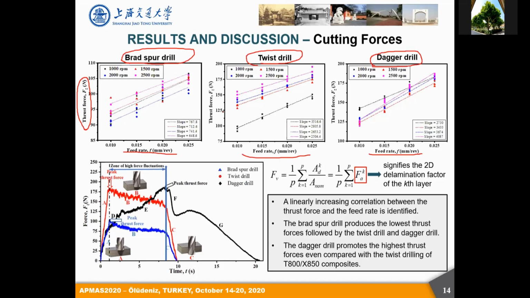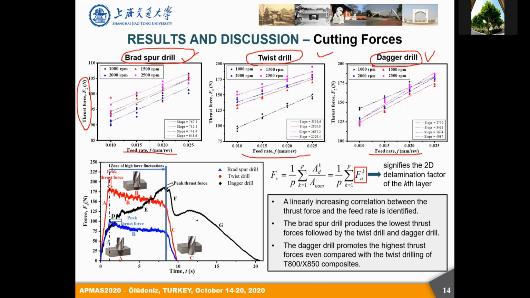Through the three figures, it is clear that the feed rate has a positive impact on the development of the thrust force. We can see there is a linear increasing correlation between the thrust force and the feed rate. Additionally, the bullet spur drills basically produce the lowest thrust force, followed by the twist drill and the duck drill.